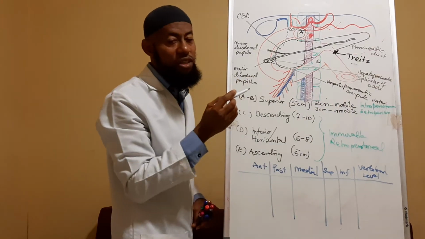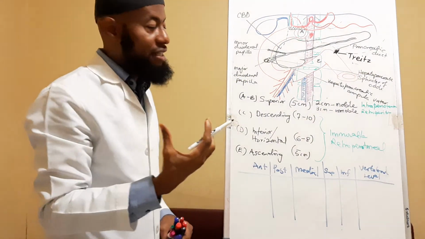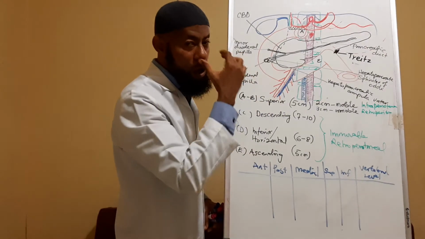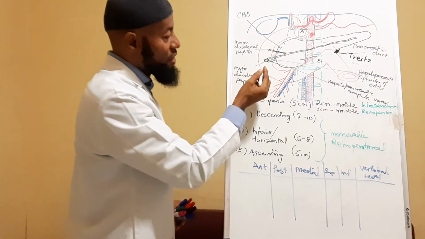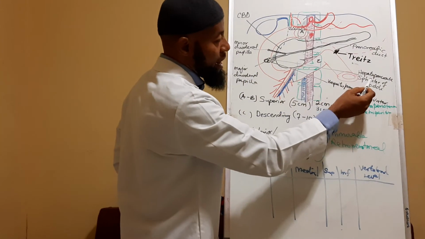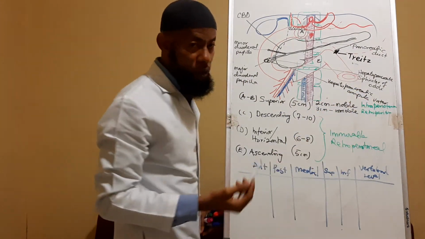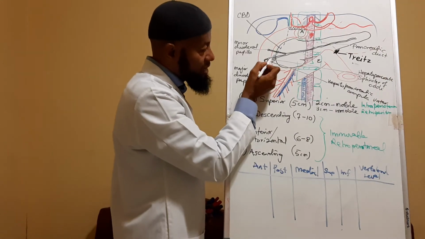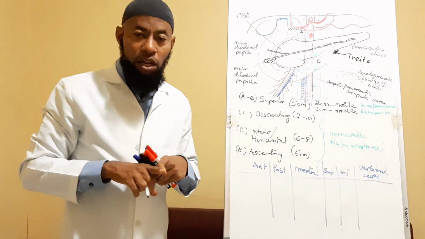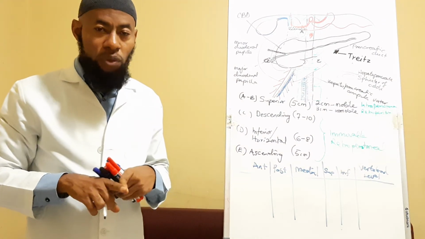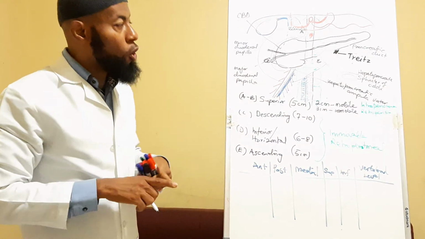Inside there is a sphincter that controls the release of pancreatic juice. Okay, that is described as the sphincter of Oddi. So it's right inside there, just like you have the cardiac sphincter and the pyloric sphincter that control these openings.